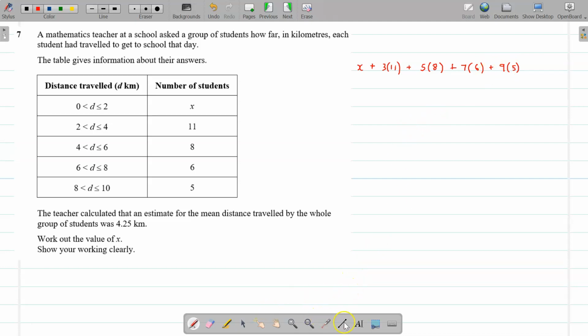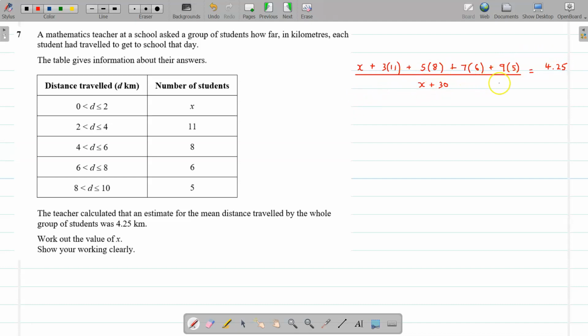Then I would have divided all of that by the total frequency. And the total frequency is the sum of all these numbers. So they come to 30 plus x, x plus 30, and we know that that equals 4.25, because that's given in the question.